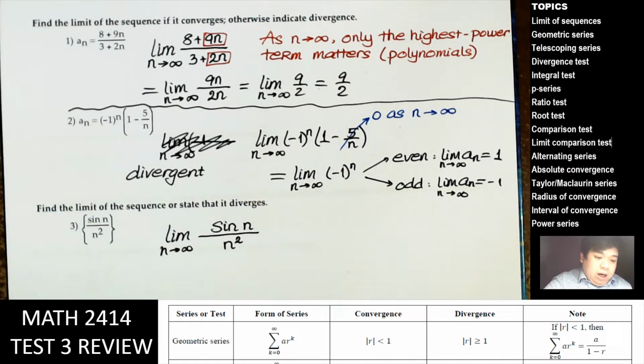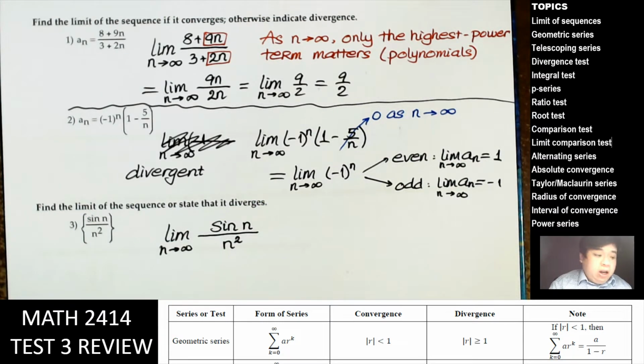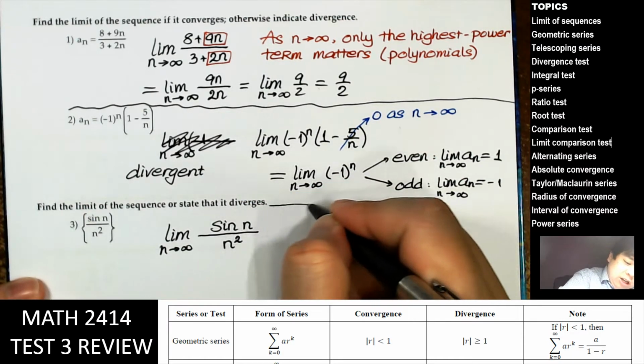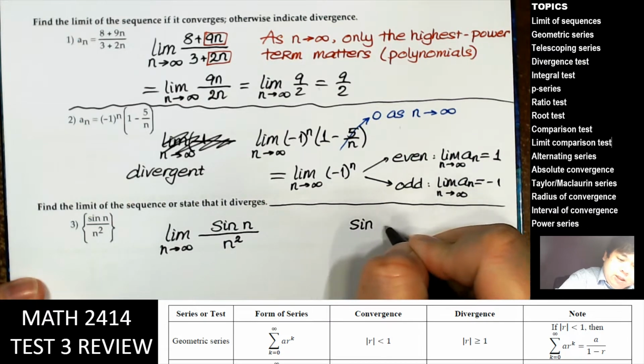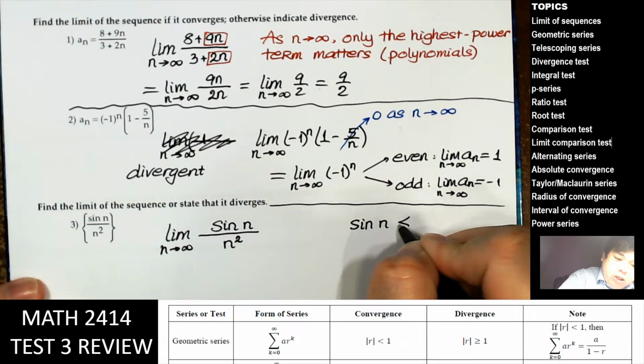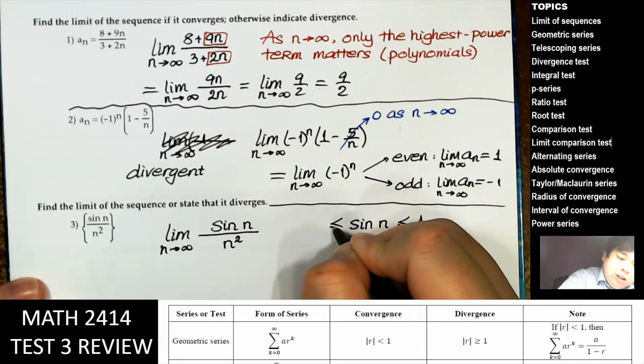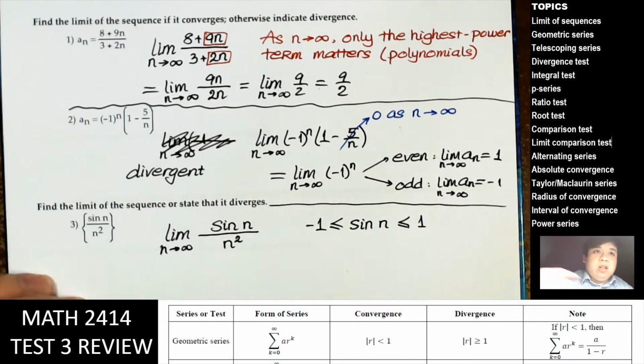Right. So we notice that we have sine of a number. Sine of anything is between -1 and 1. That's where we start. We have sine of n is between -1 and 1, regardless of the value of n.